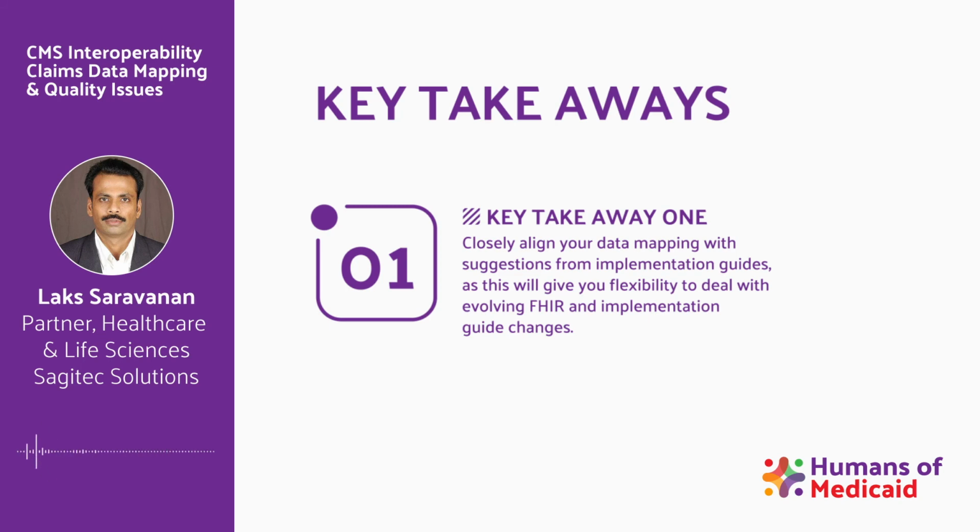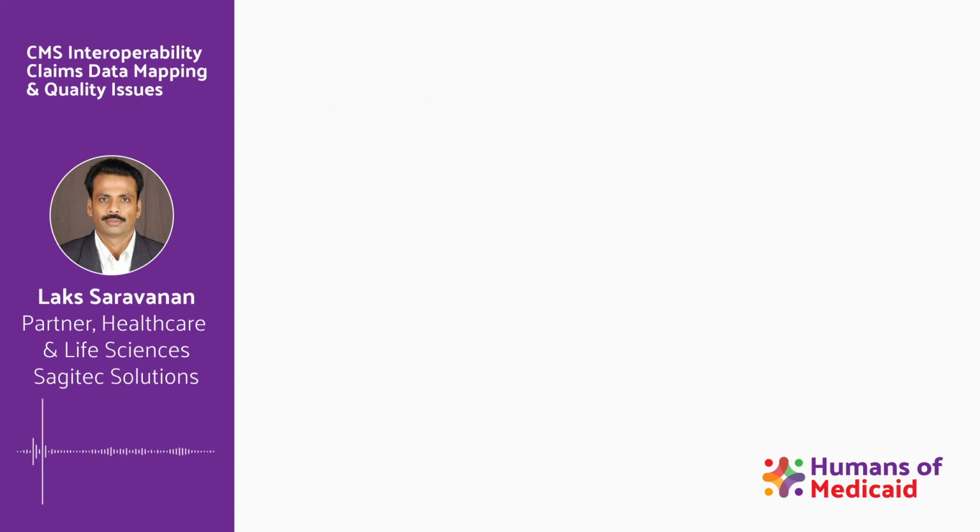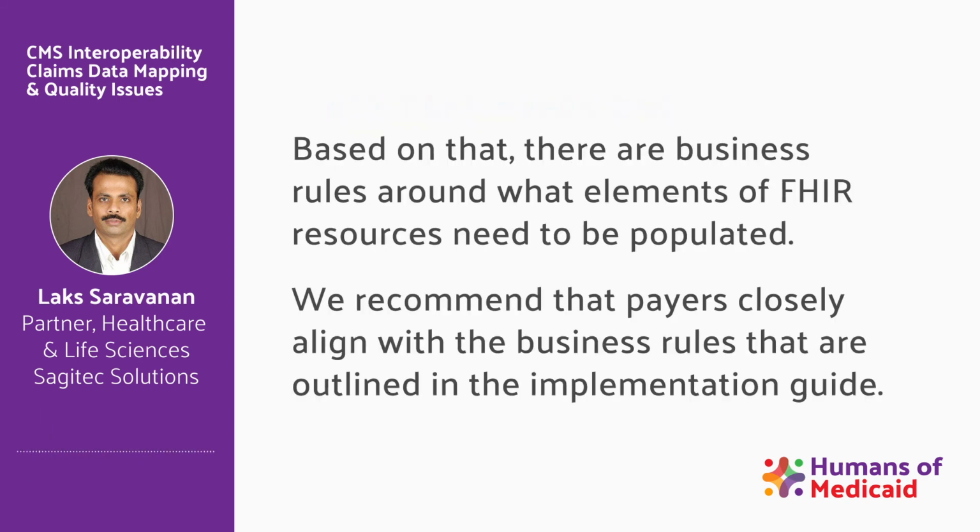That's primarily because the implementation guides go through a process where they understand what elements might be there in the future or what elements might be deprecated. Based on that, there are business rules around what elements of FHIR resources need to be populated for a certain context. So we recommend that as payers take up this task of mapping, they align closely with the business rules outlined in the implementation guide. That's our first takeaway.